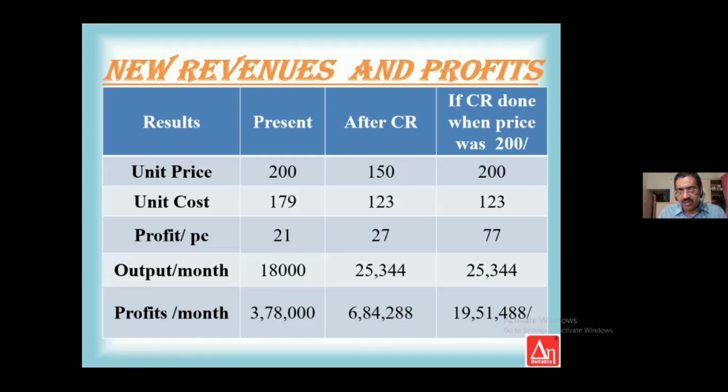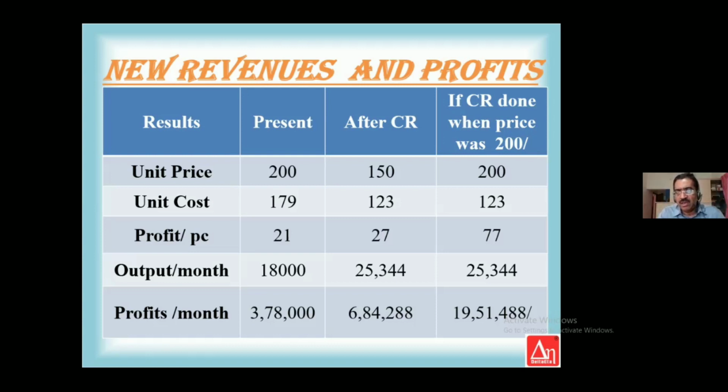So at the existing condition, with all these wastages and extravagances and underutilization, you are able to make a profit of 3,78,000. Whereas after implementing CR in response to a customer threat, you are now able to achieve a profit of 6,84,288 rupees, even though you are working on a reduced price of 150 rupees.